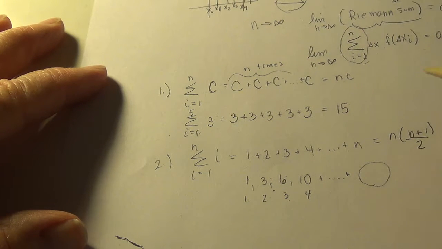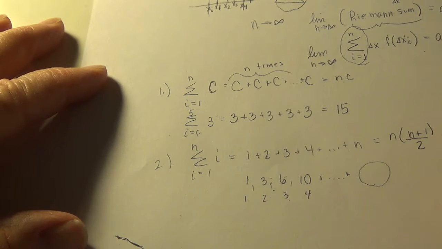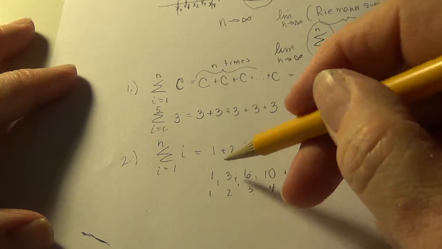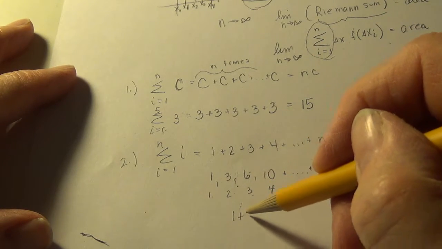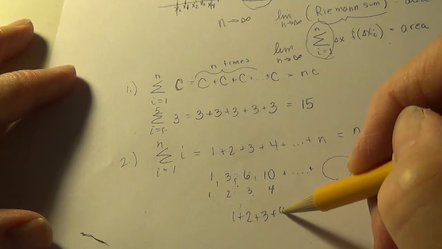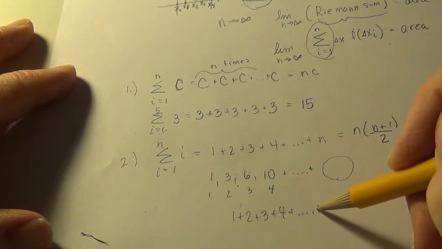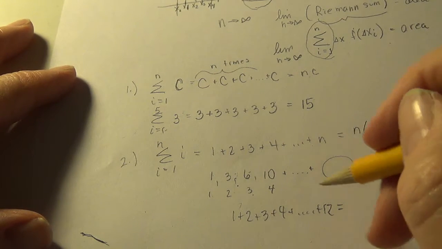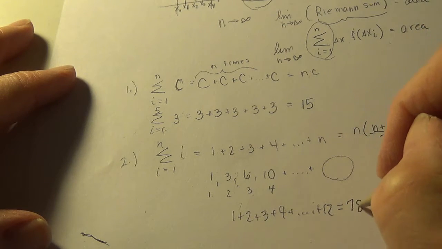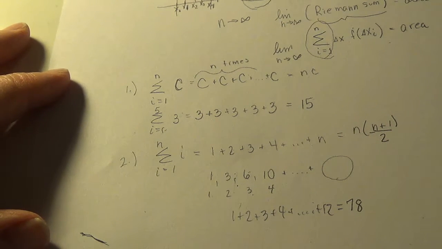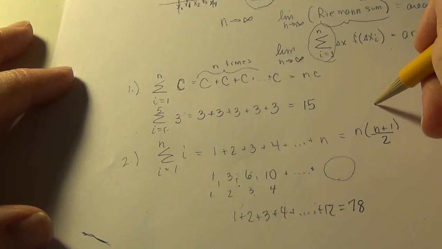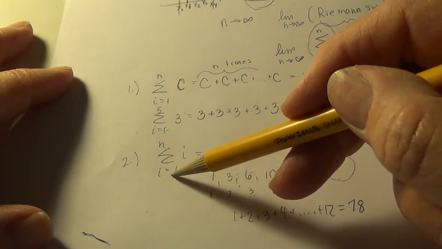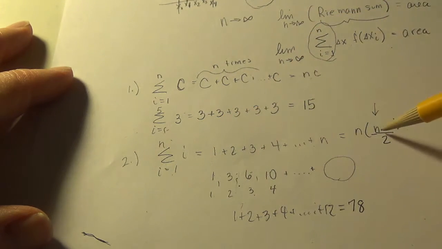Let's say we're going to add up the first 12 terms. So we have 1 plus 2 plus 3 plus 4 plus and so on up to 12. I got 78 when I just did that on my calculator straightforwardly. Now I'm going to try it with that formula. We're going from 1 to 12, so n is 12.